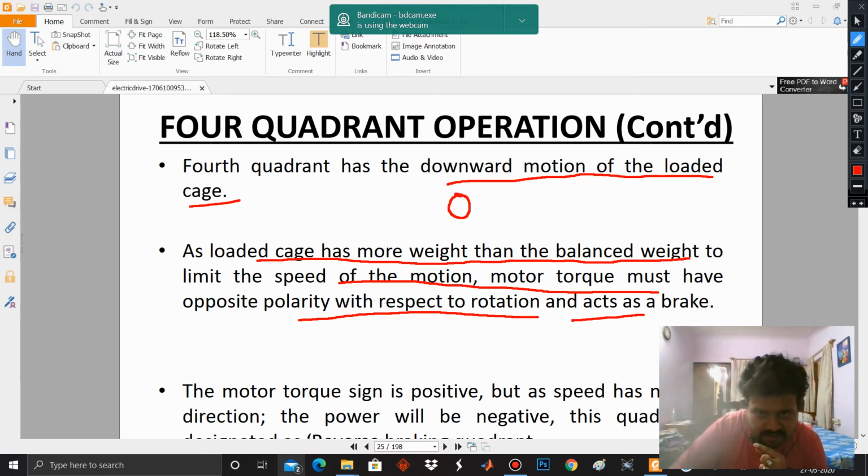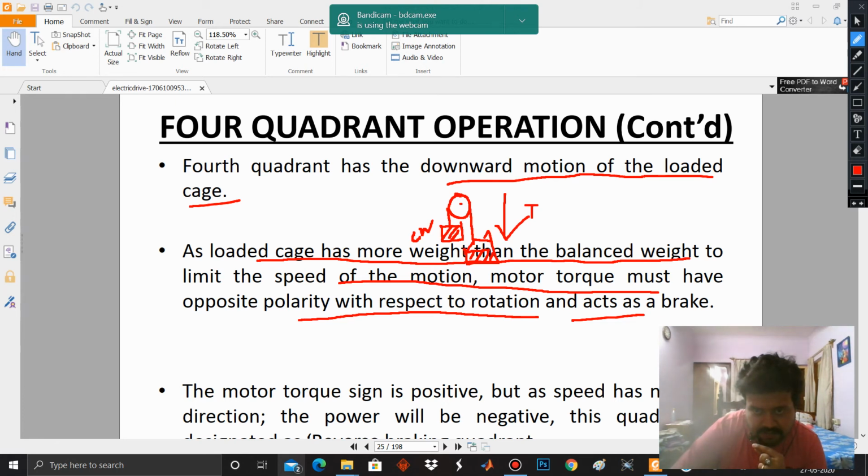So what is the scenario? This is the counterweight, and this is the cage, the loaded cage. So now what will be the load torque? It should be in the downward direction.